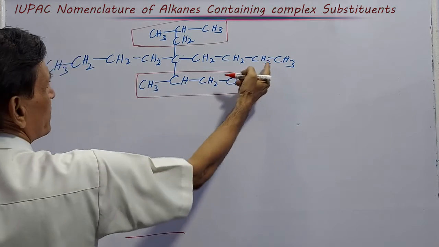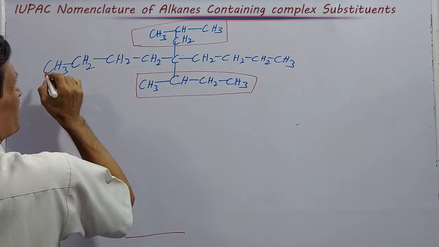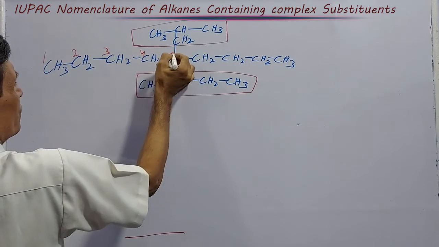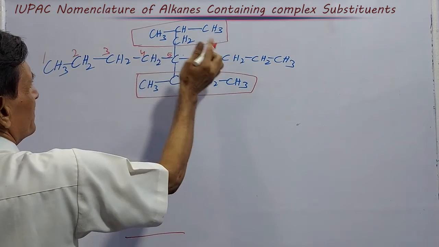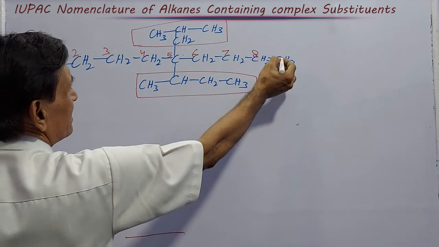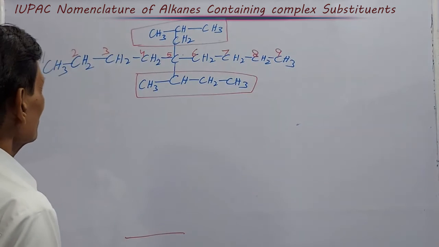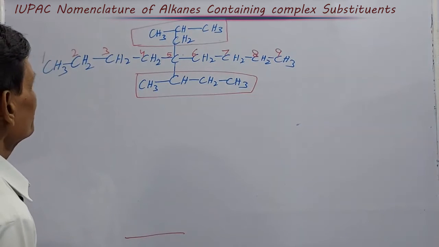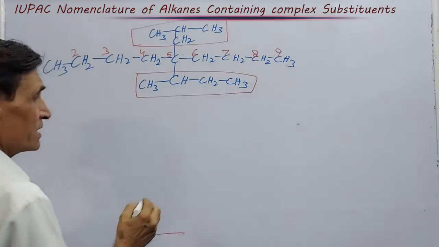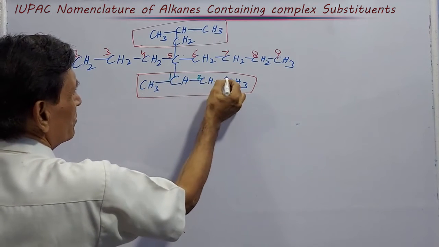1, 2, 3, 4, 5, from either side, 1, 2, 3, 4, 5, 6, 7, 8, 9, like that. In this case, we number this complex substituent 1, 2, 3.